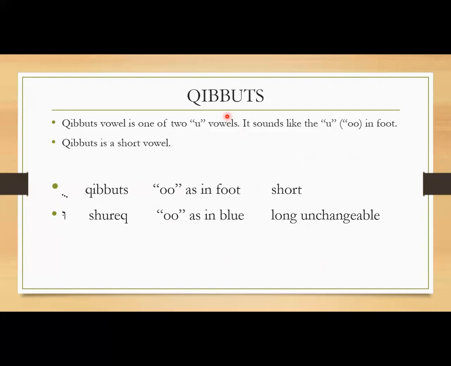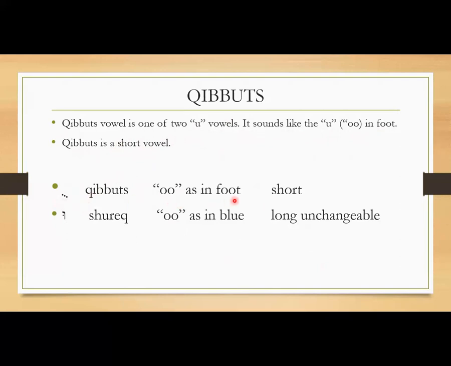We have the kibbutz. Kibbutz vowel is one of the two U vowels. It sounds like the U in foot. Kibbutz is a short vowel. There are the three dots that I said to you.